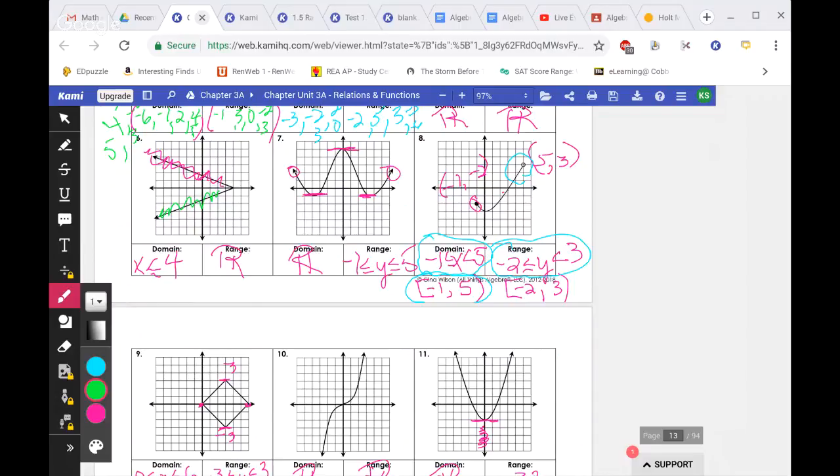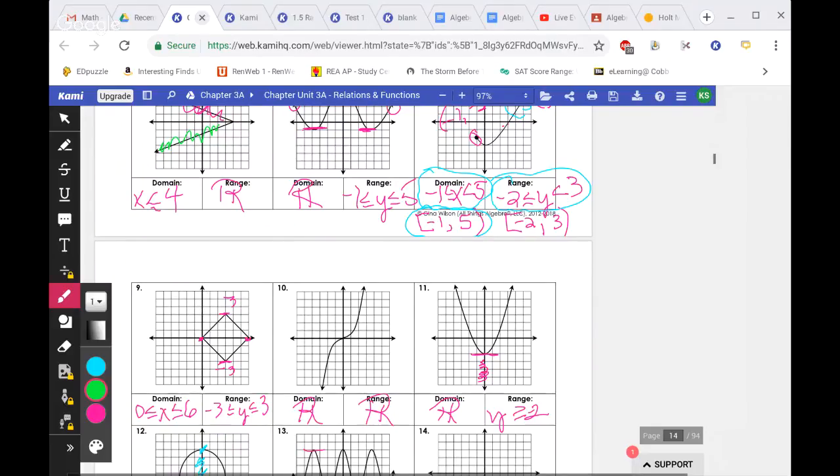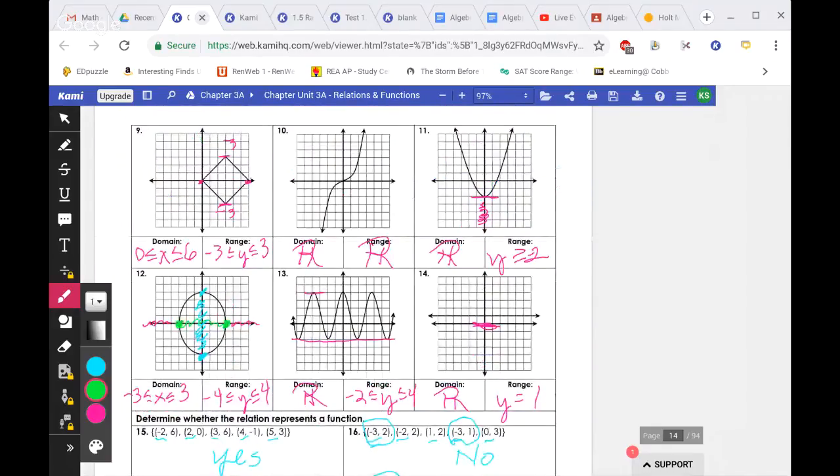So, say on number 13, why is the domain all real numbers? Yes. Okay. Well, think about what the graph is going to do horizontally, the X's.